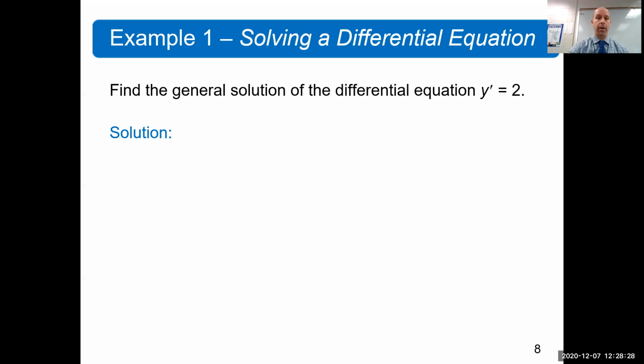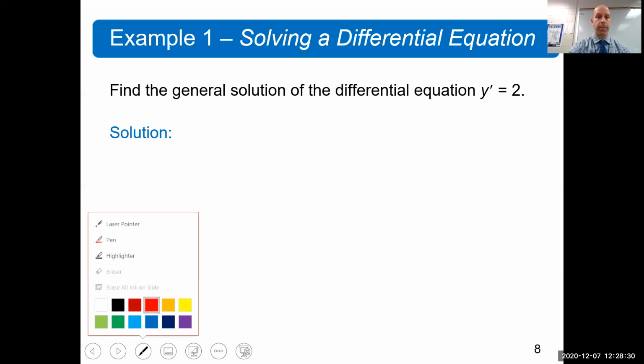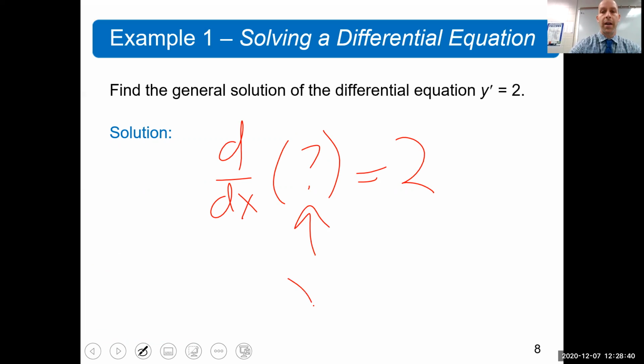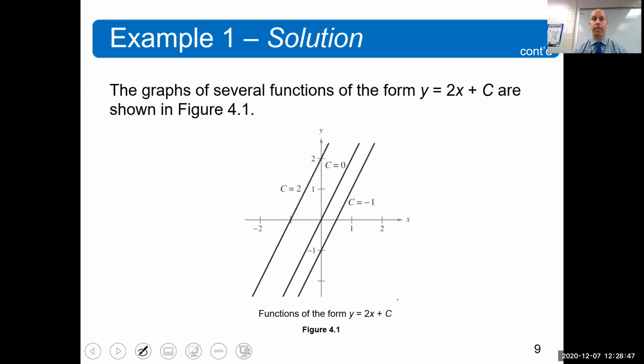In fact, let me go ahead and write this down. So the question is, the derivative of what is equal to 2? Well, hopefully you realize that that is 2x. So then we just need to add that constant of integration.